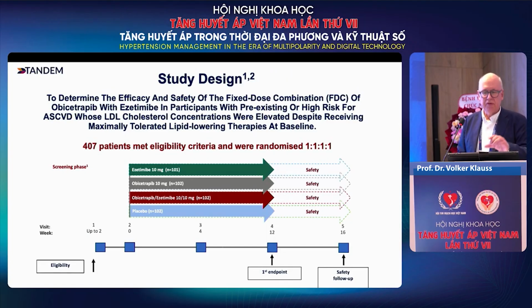And there were 2 studies, one in the Lancet and one in the New England Journal, presented. The TANDEM study just compared the efficacy and the safety of this drug compared to ezetimibe and to placebo, and the combination of obicetrapib.